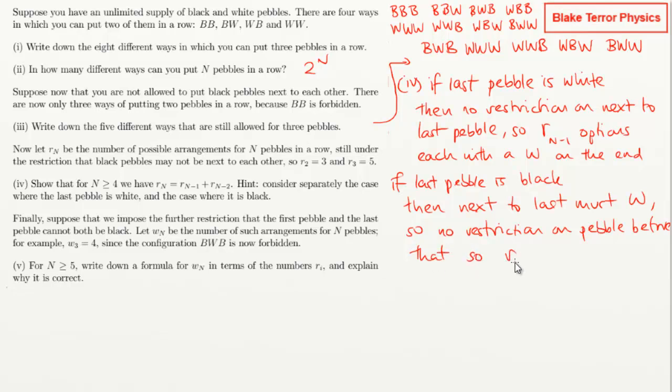So Rn minus 2 options, each with WB on the end. Okay, therefore Rn equals Rn minus 1 plus Rn minus 2.